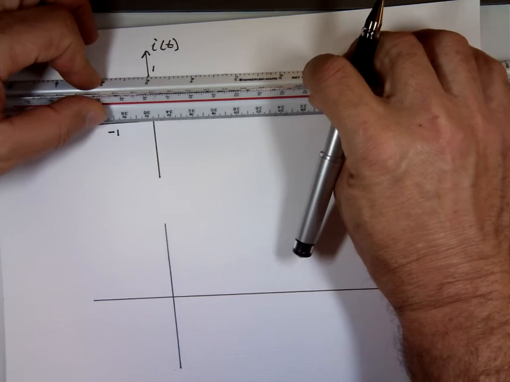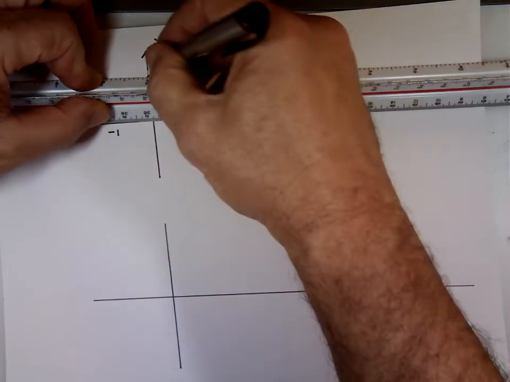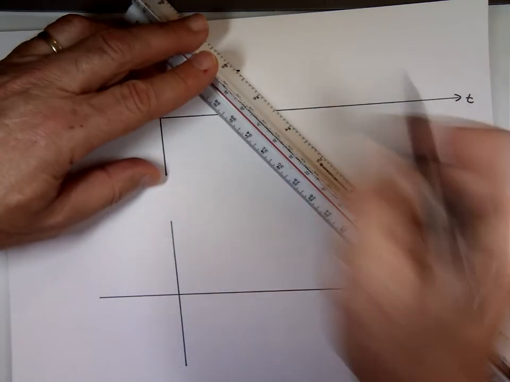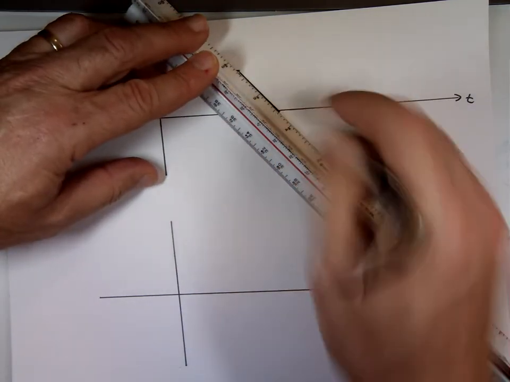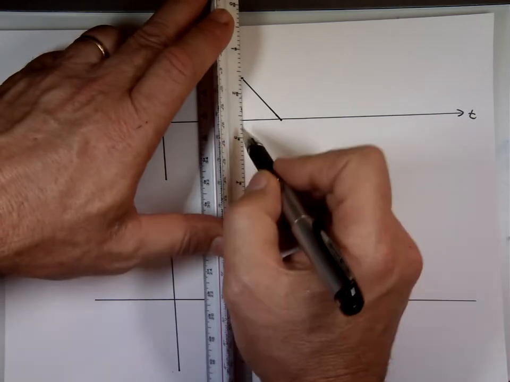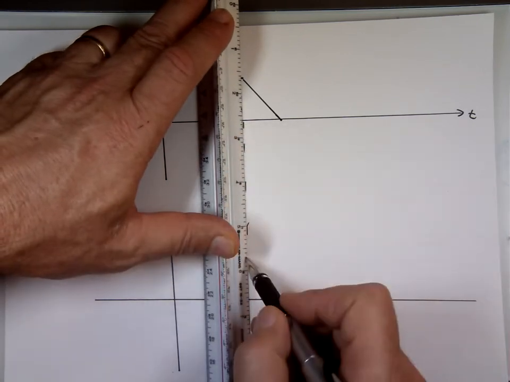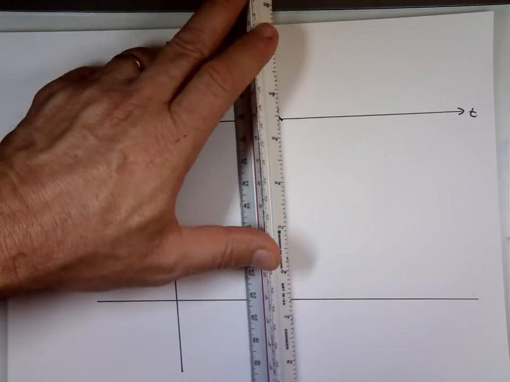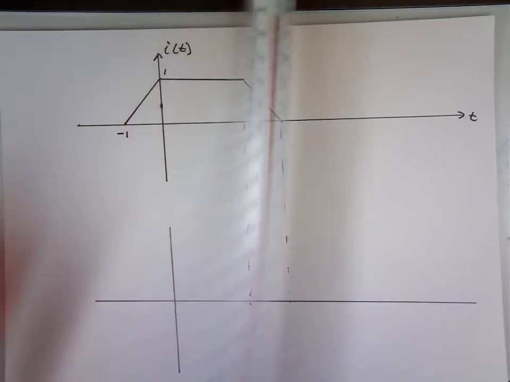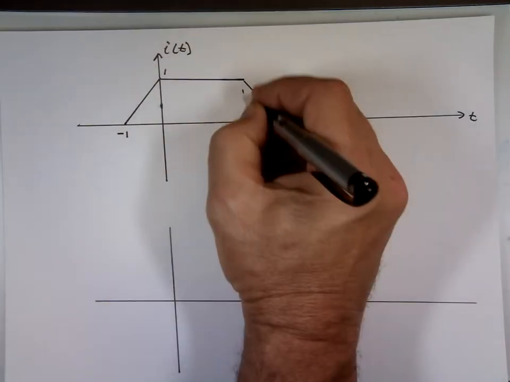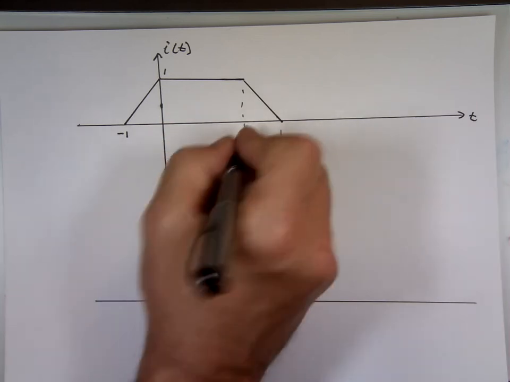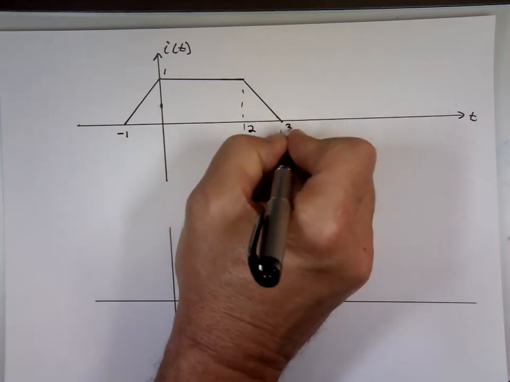Are you just making this up? Yep. Making something up. Then it comes down like this. And this value is 2 seconds here, and that's 3 seconds.